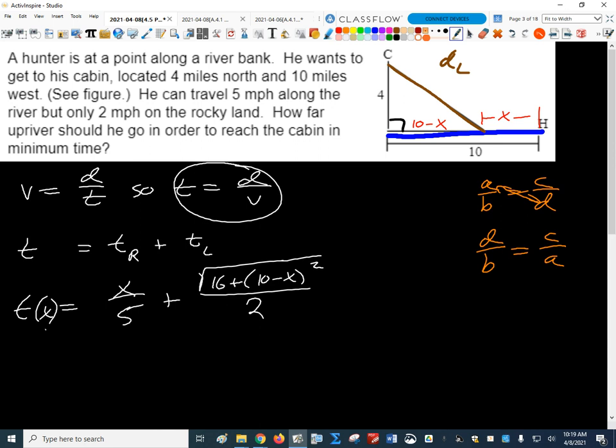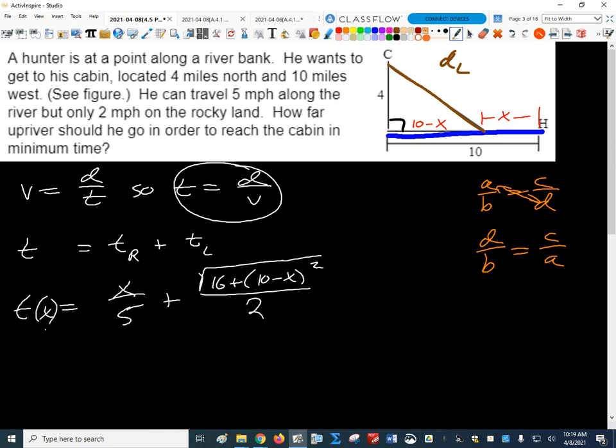We need the domain. So what are the logical values here that we could consider for our domain? The values of x that make sense in the context of this problem. What do you think? Say it again. Well, I mean, you could.